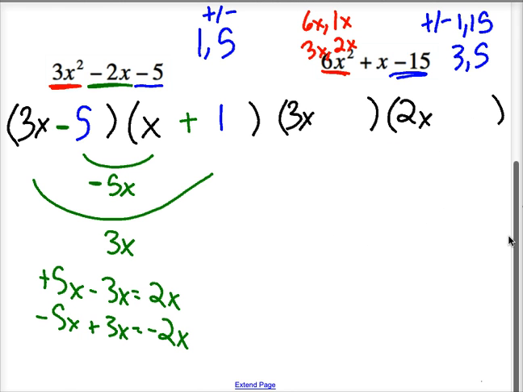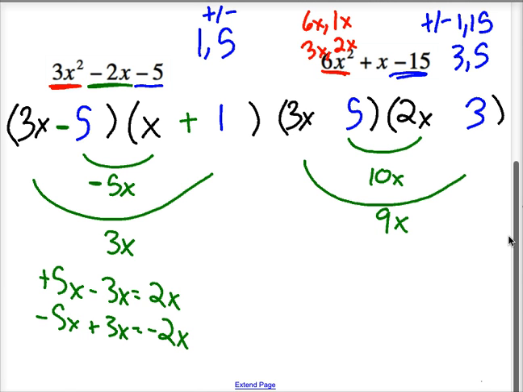let's flip them. So I'm going to try a 5 with my 3. So that gives me a 10x and a 9x. Now this is looking much more promising because I can get x or I can get a negative 1x.